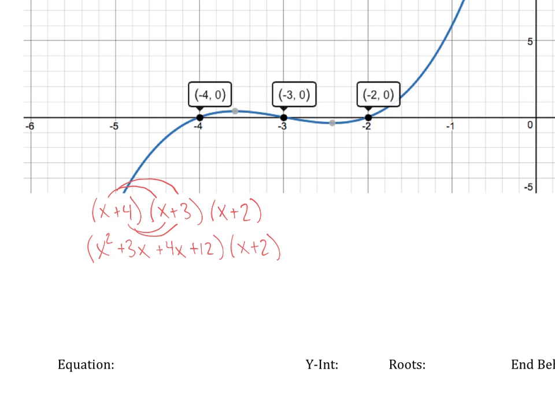And this x plus 2 we haven't done anything yet with. And we're not going to do anything with it still because there's a little bit of combining like terms that we still have left to do. 3x and 4x are like terms, so I'm going to circle those so that we know that we can combine them. 3x plus 4x is 7x, so this is going to become x squared plus 7x plus 12.